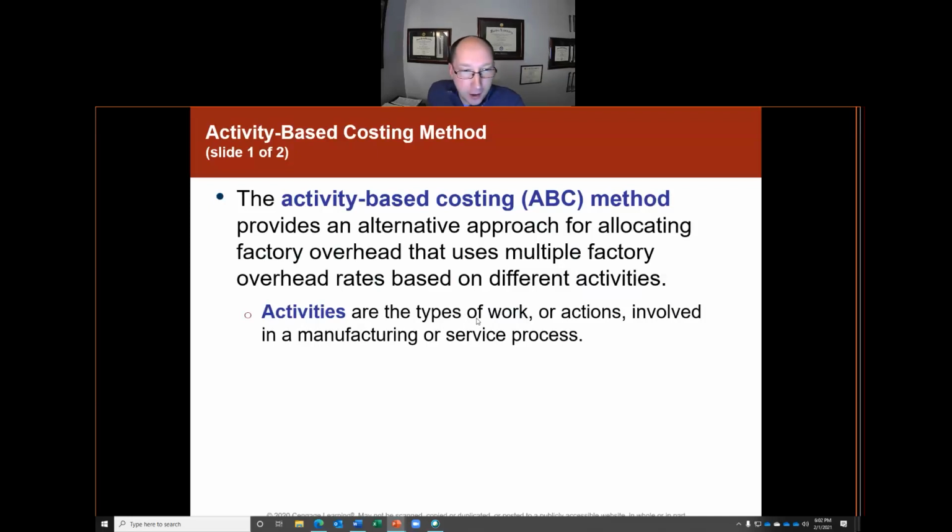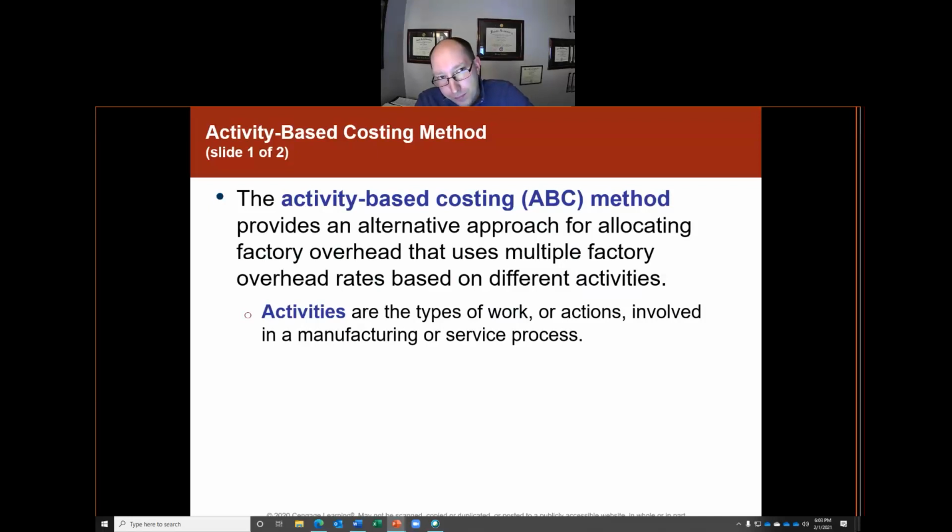Activity-based costing. Oh yeah. Okay. Activity-based costing is an alternative approach to allocating factory overhead. It's different than the previous two that we discussed. Activities, what are they? Activities are the type of work or actions involved in the manufacturing process.